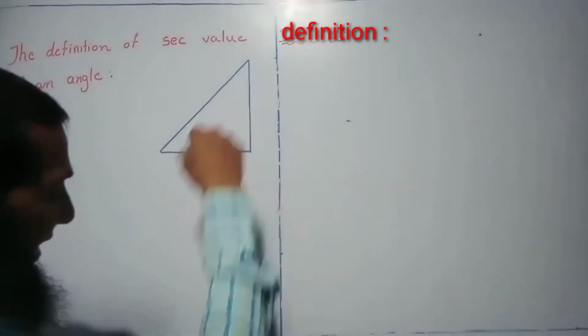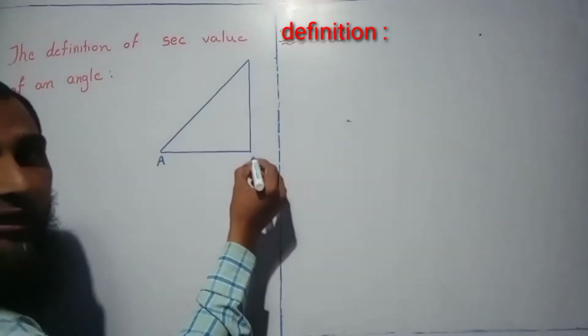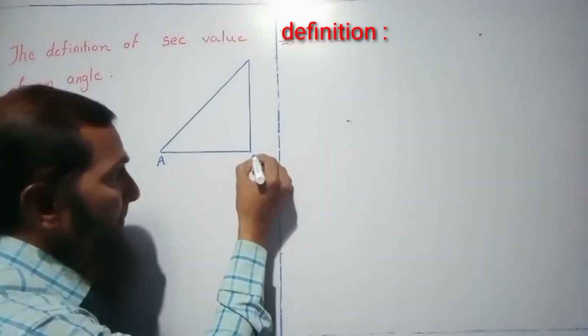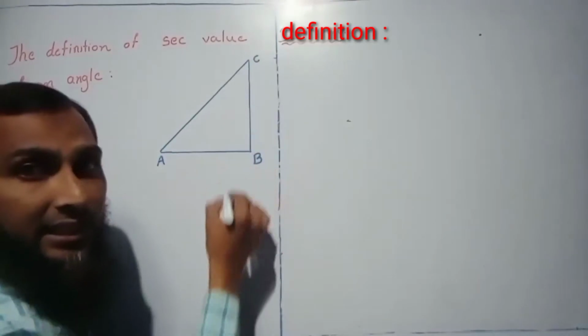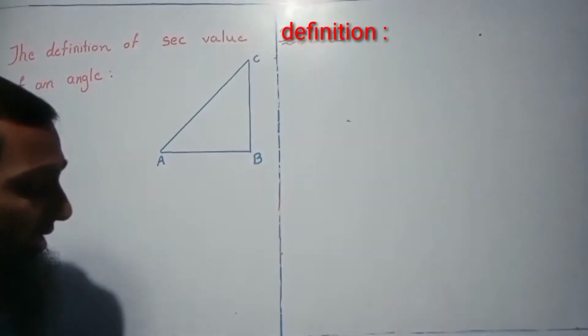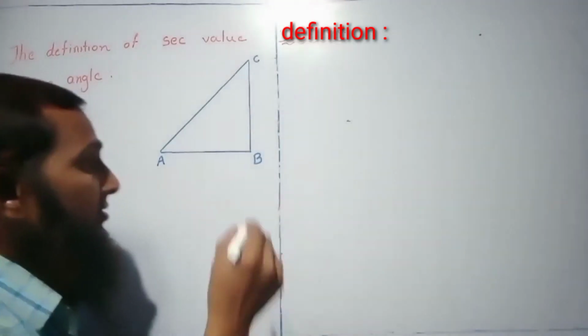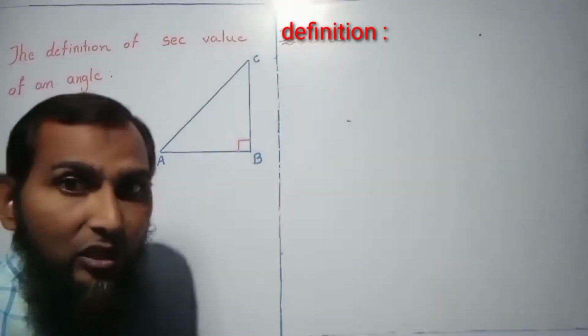So this is a right angle triangle. Let us take the vertices A, B, C. In this right angle triangle, angle B is 90 degrees.